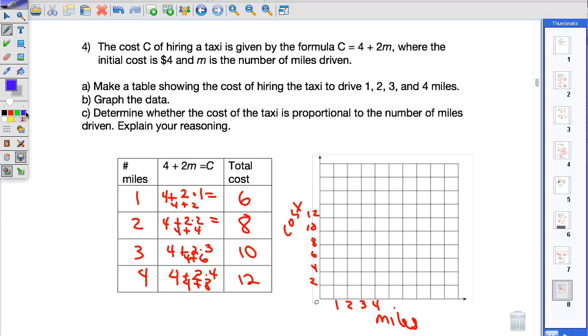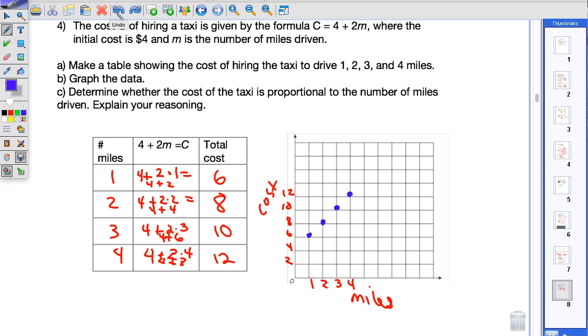So we have 1 mile gives you $6. 2 miles gives you $8. 3 miles gives you $10. And 4 miles gives you $12. If we drew a straight line through this, we would see that it does not pass through the origin. So this is not proportional.